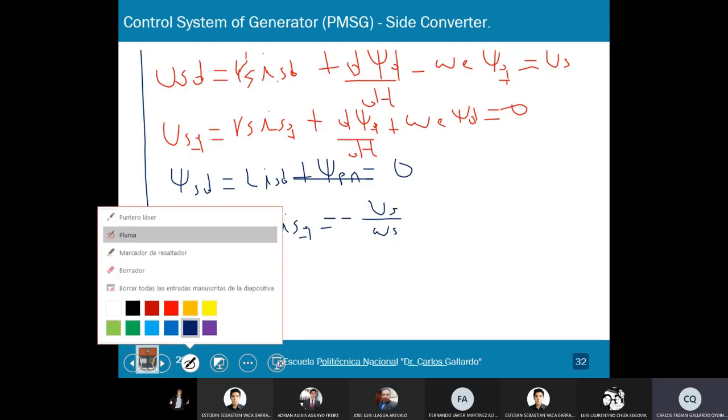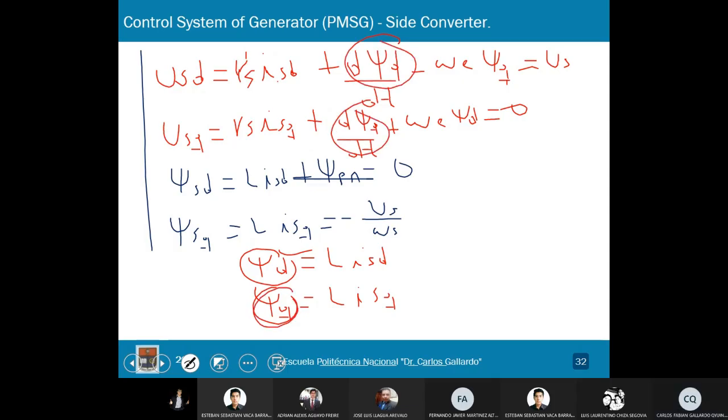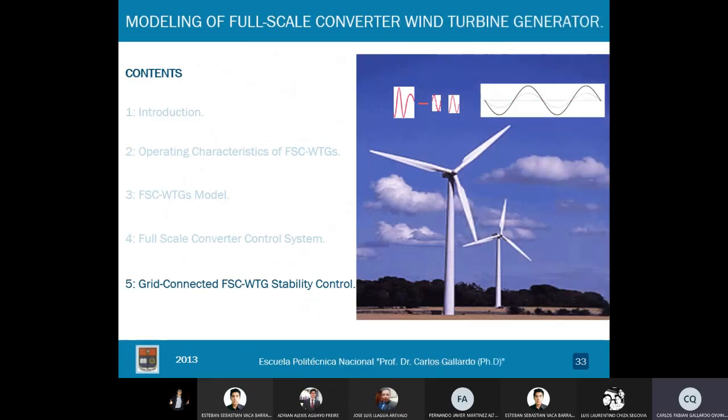So substituting the direct axis flux is equal to the inductance times the stator current on the d axis, and the quadrature axis flux is equal to the inductance times the stator current on Q axis. So substituting here, I will get the following equations.